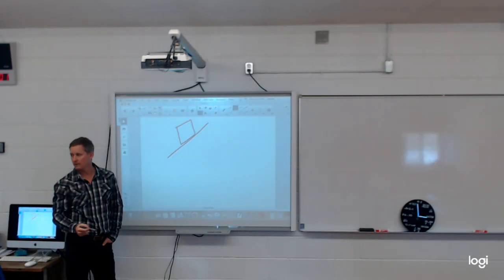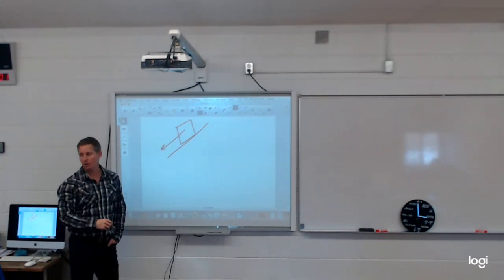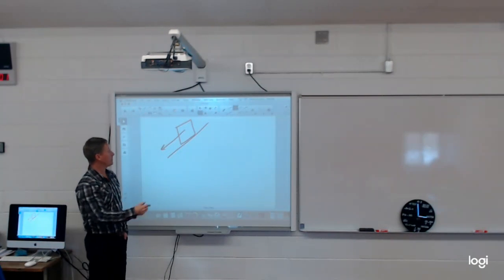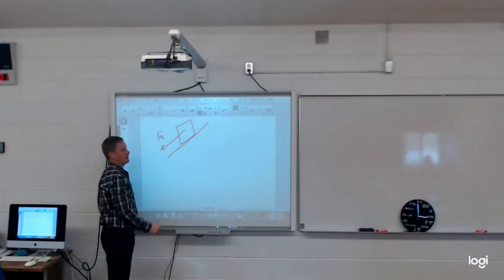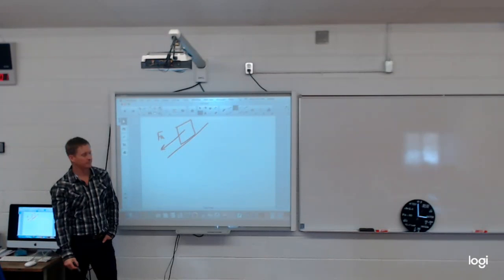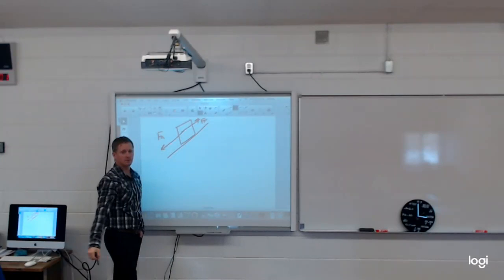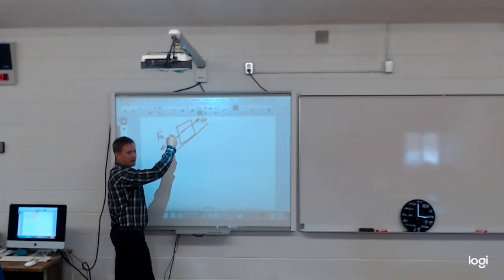Down, southwest, parallel to the slope. So your applied would go that direction. And friction works the opposite way because it's sliding over. So your force of friction goes that way.